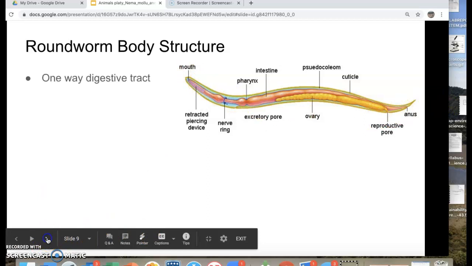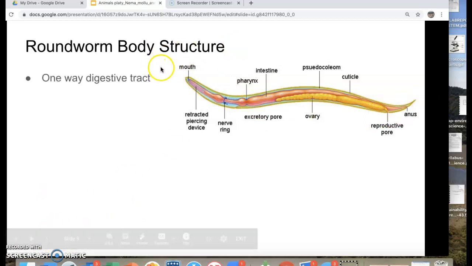So now there are two openings that were developed with one digestive tract. What does one-way digestive tract mean? It means that stuff goes into the mouth and exits out the anus, as opposed to in the previous organisms that we've seen, where the materials have to be released out through the place they came in, the mouth.